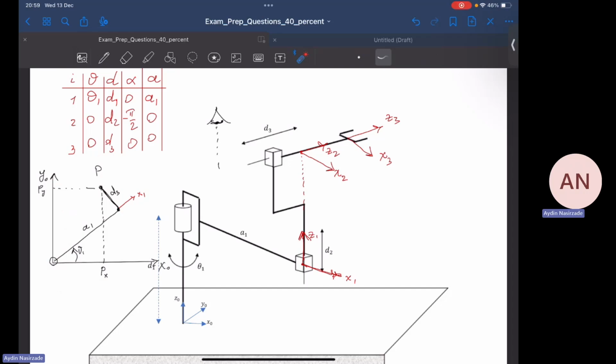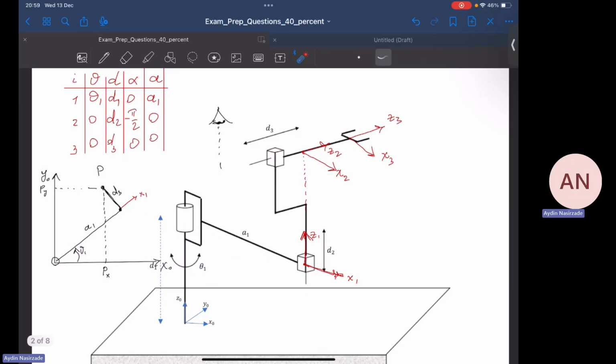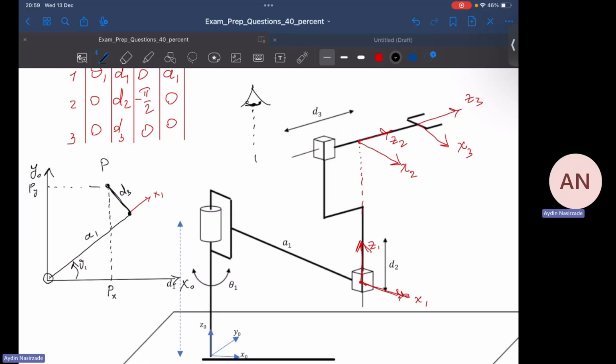In this planar view, we'll have a look at this picture from the side, and then it will turn out what Pz is. Now let's try to solve this problem. What is Px? Px is this particular side of this triangle minus this particular side of this triangle. So let's complete the picture.